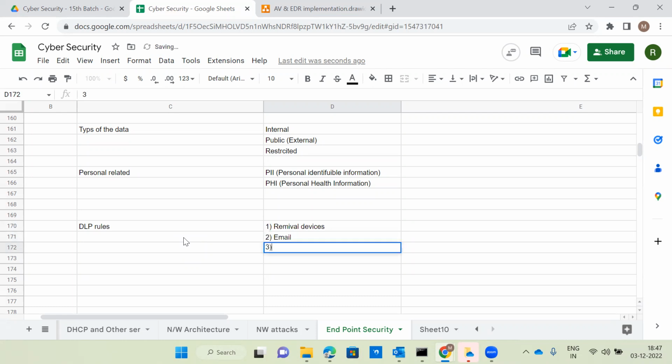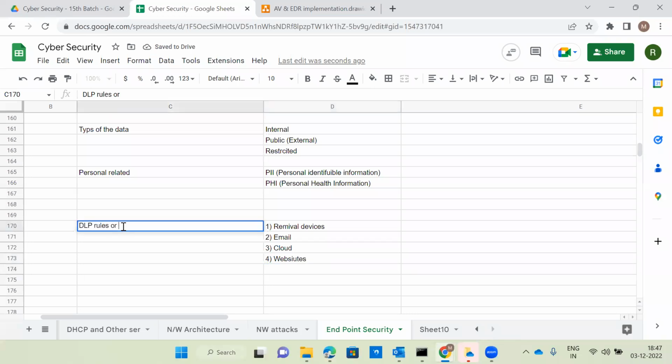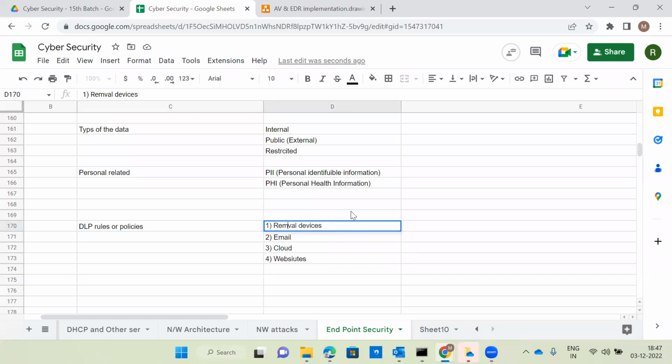The third one is cloud. The fourth one is websites. So these are the different types of DLP policies or rules we have to configure. In the morning we also discussed the different types of EDR rules or policies we have to configure. These are the different types of policies we have to configure in the DLP tool.